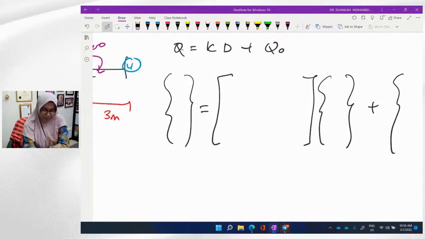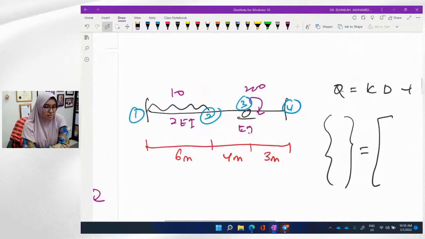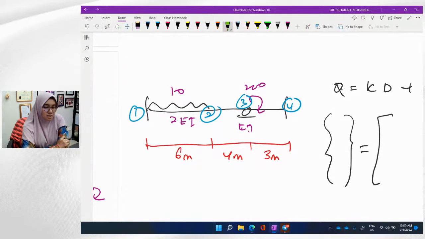From this, we have reaction, this is also reaction, and reaction also at number 3.